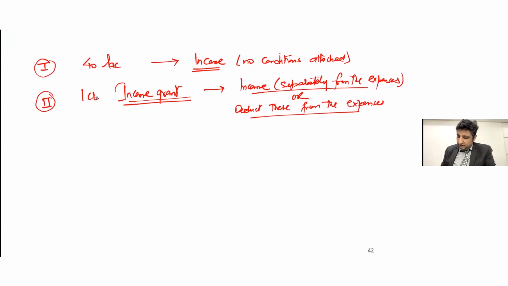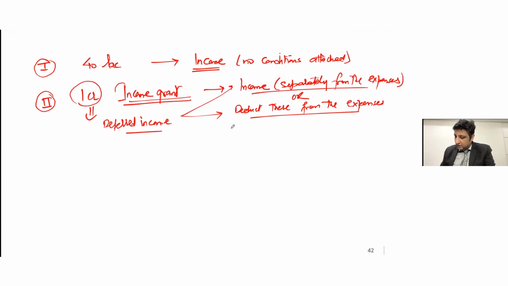Okay. So when you receive this 1 crore on the day one, you refer this as a deferred income and you release that to the profit and loss account. You create an income out of the deferred income, either as a separate item in your profit and loss account as an income, or you deduct that amount of income, right, from the expenses. Now, when do you do that?